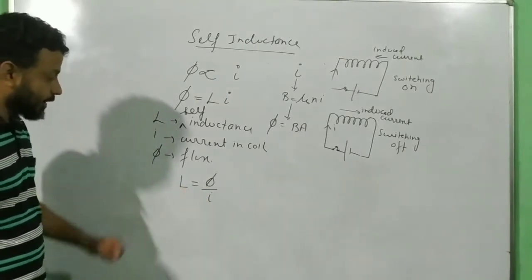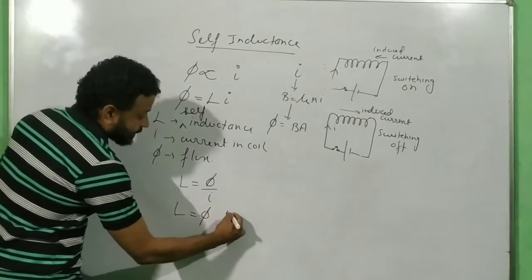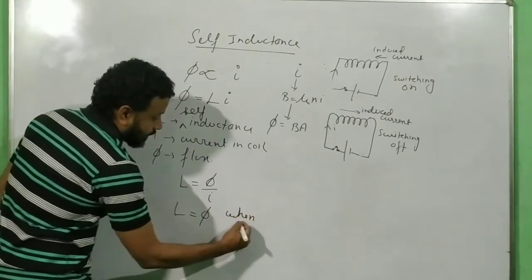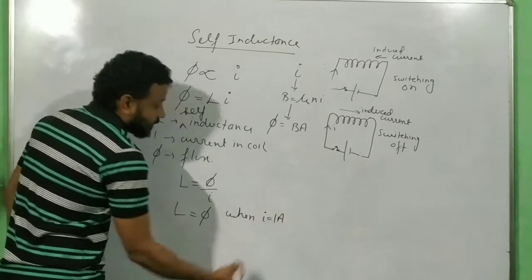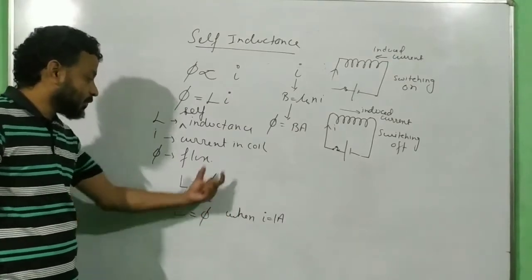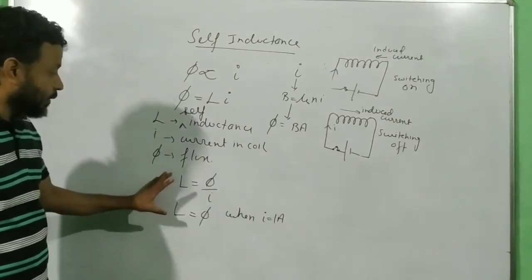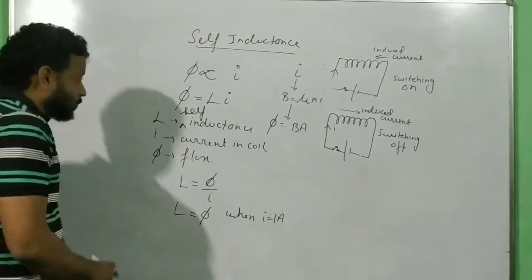Okay, this is one definition. So L is equal to phi when unit current flows through the coil. So this is one way of defining. Now, there is one more way to define it.